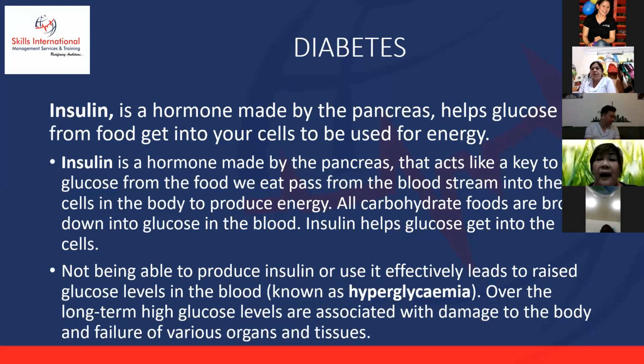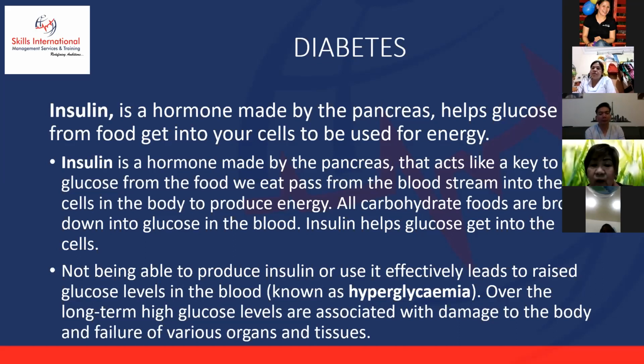So hyperglycemia is the high blood sugar. Not being able to produce insulin or use it effectively leads to raised glucose levels in the blood, known as hyperglycemia.